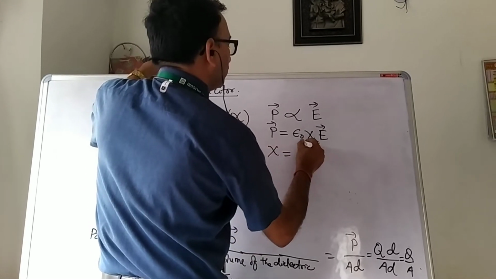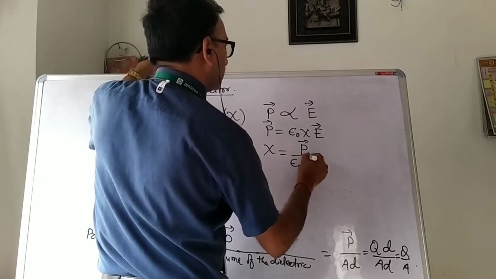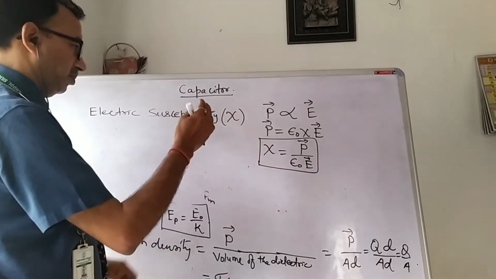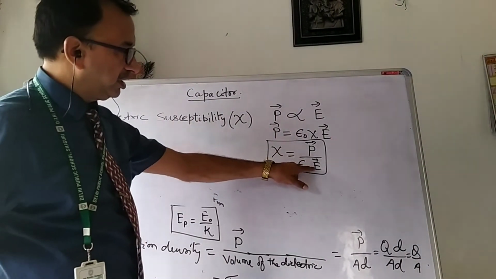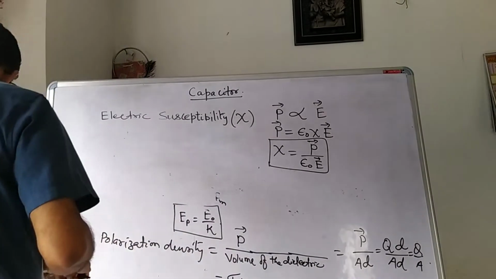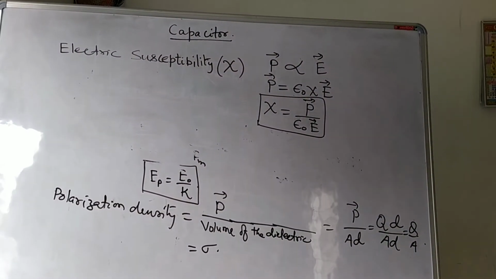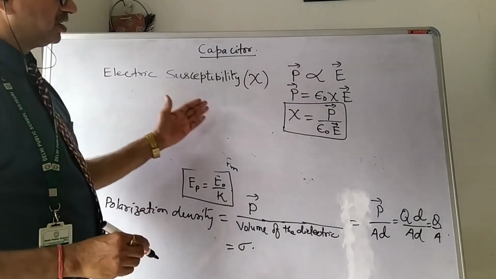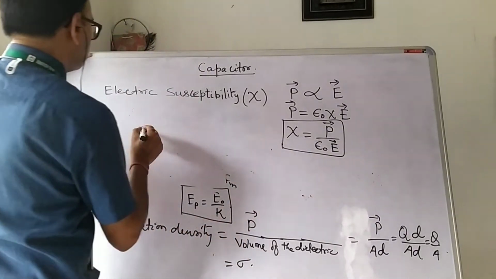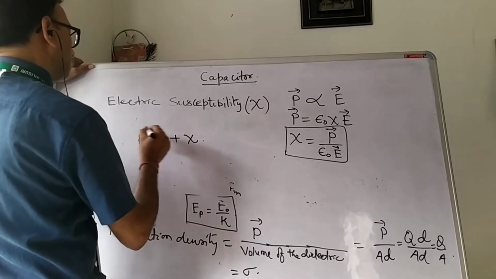Chi will be vector P divided by epsilon naught vector E. So this is the relationship for P. When they are linear, then we call it an isotropic medium. Now the next part is the relationship between K and chi. So K equals 1 plus chi.